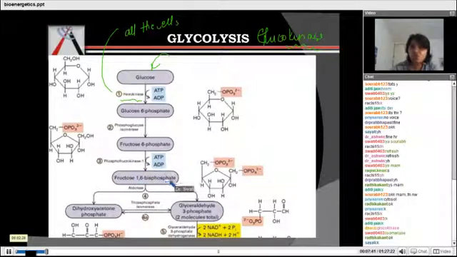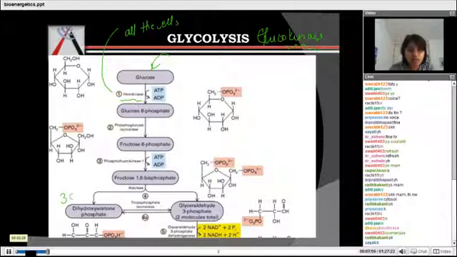Then we get fructose 1,6-bisphosphate, which is broken down. Fructose 1,6-bisphosphate is a 6-carbon sugar which has the phosphates attached to it. Now we break down the 6-carbon sugar into 3 carbons each on this side.